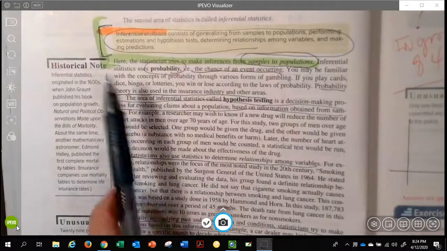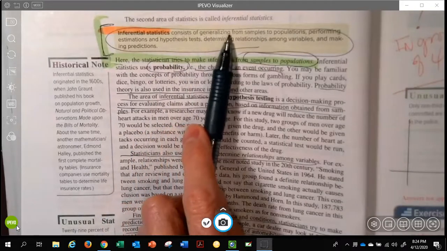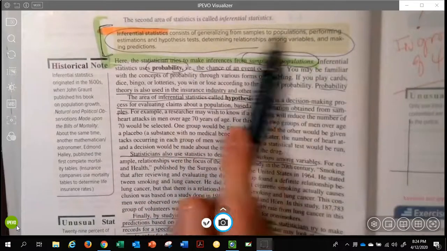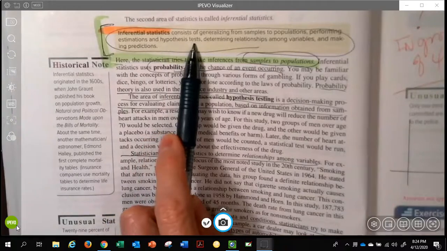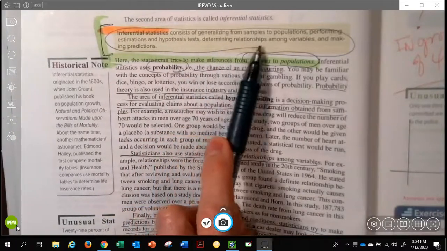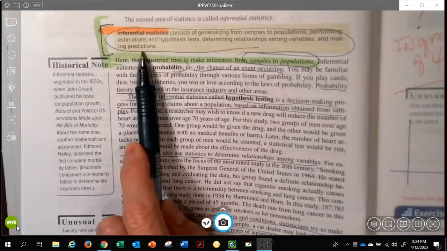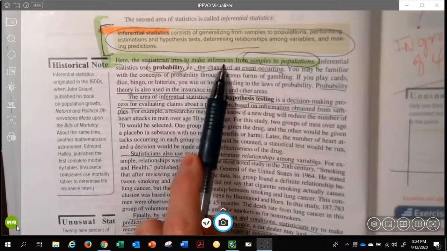There's another area, and it's called inferential statistics, and it consists of generalizing from samples to population, performing estimations and hypothesis tests, determining relationships among variables, and making predictions. So here, the statistician tries to make inferences.